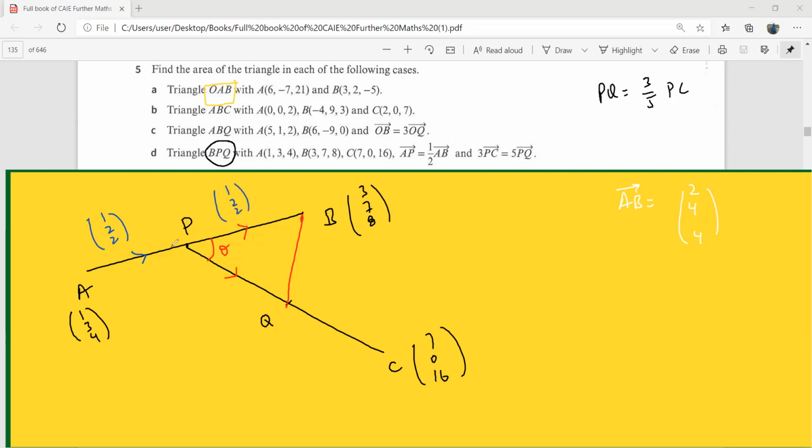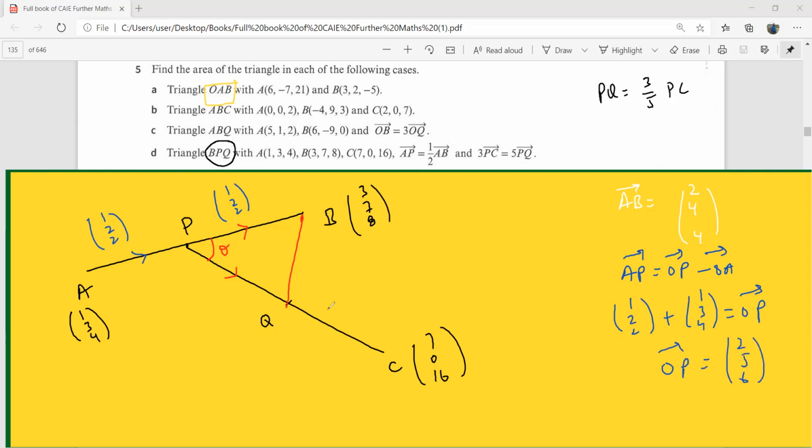Now we can find P so that we can find PQ, because we have PC with us. Can I say AP is OP minus OA? Yes. You have AP, which is 1, 2, 2, plus OA, which is 1, 3, 4. That is your OP, so OP is going to be 2, 5, 6.